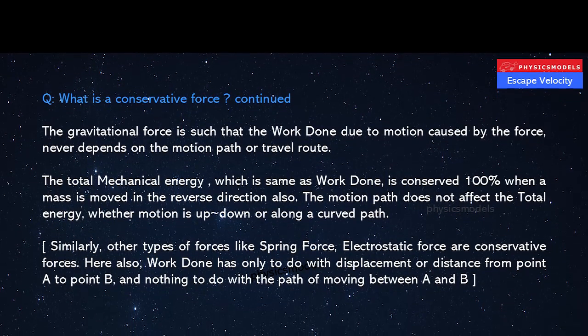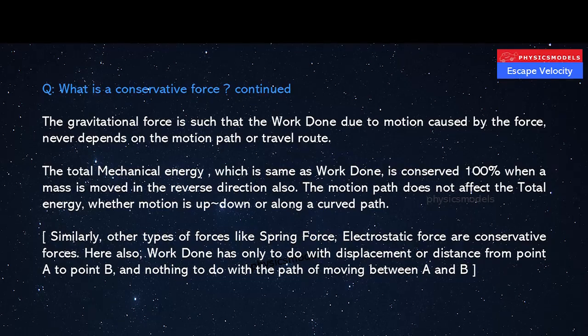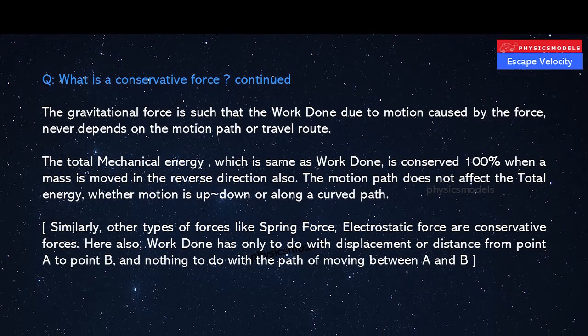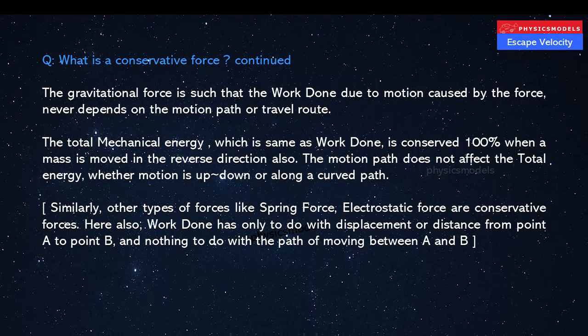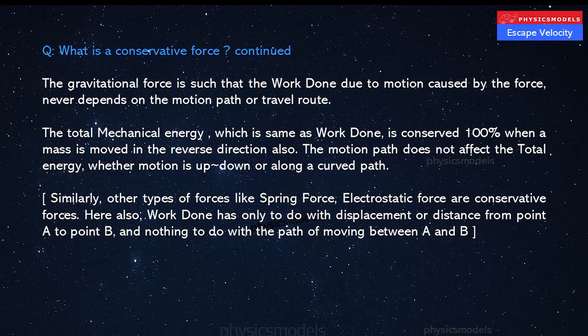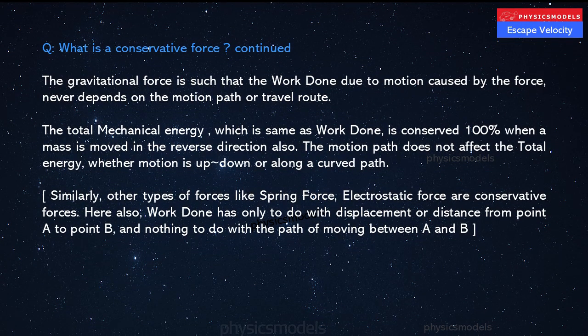The law of conservation of energy works, which means that there are no intermediate losses between point A and point B, and the initial and final energies at point A and point B are only a function of those positions, not a function of the path taken by the rocket or the ball.